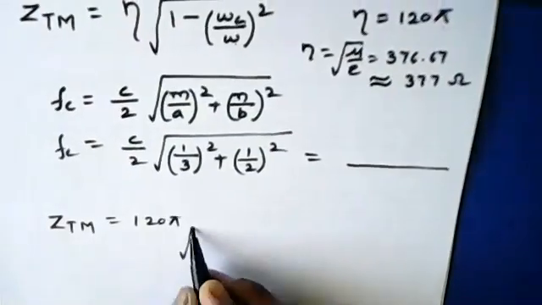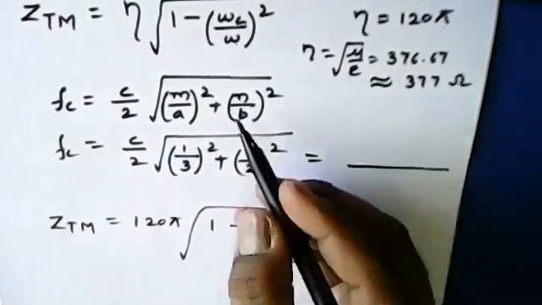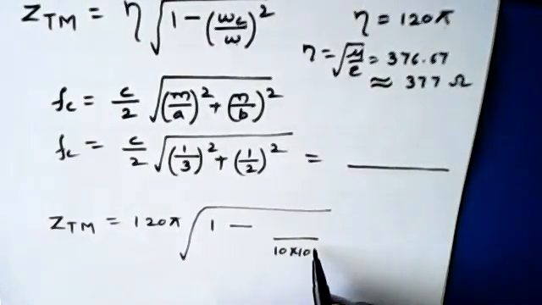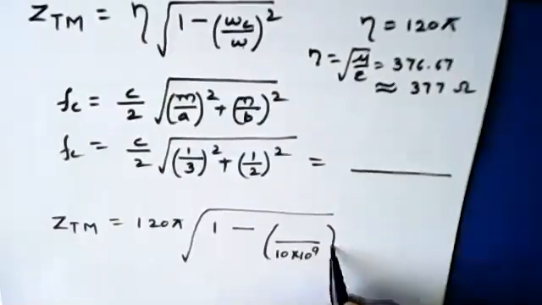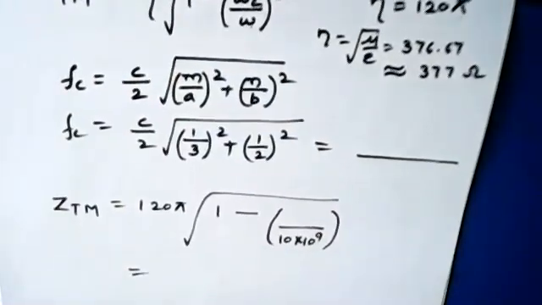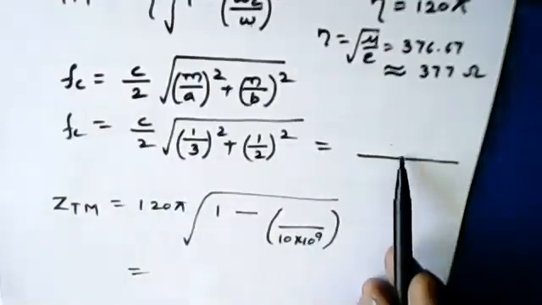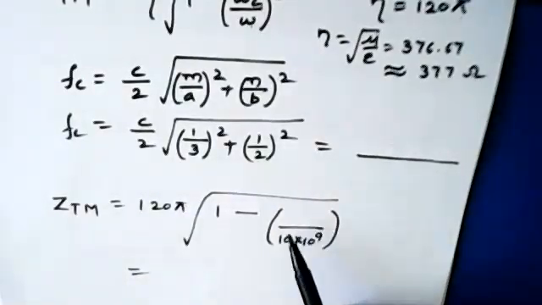120 pi root of 1 minus the fc value, whatever you get, over 10 gigahertz, which is 10 into 10 to the power of 9. Tell me what the answer is here. I want the fc value; whatever fc value you get, substitute here, then we'll get the value of wave impedance.